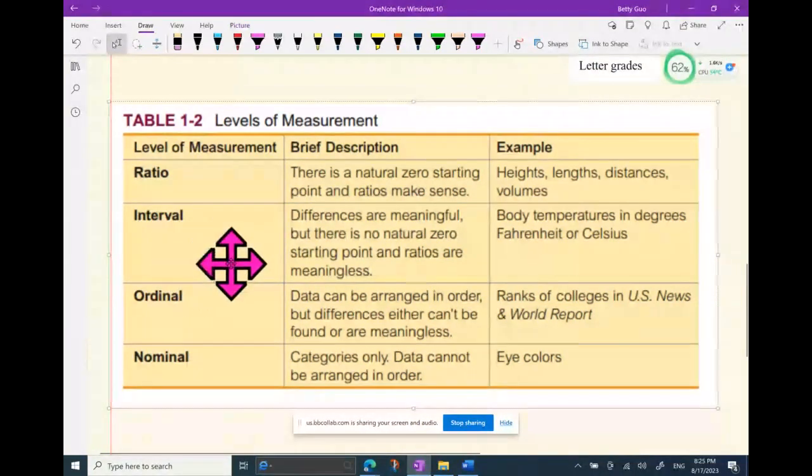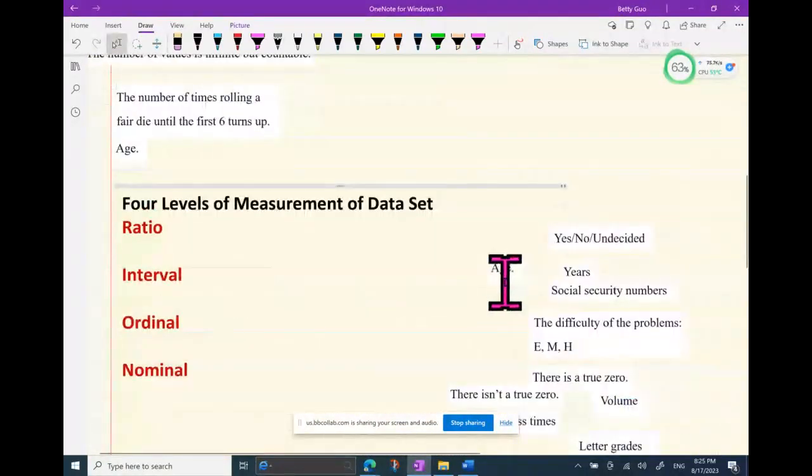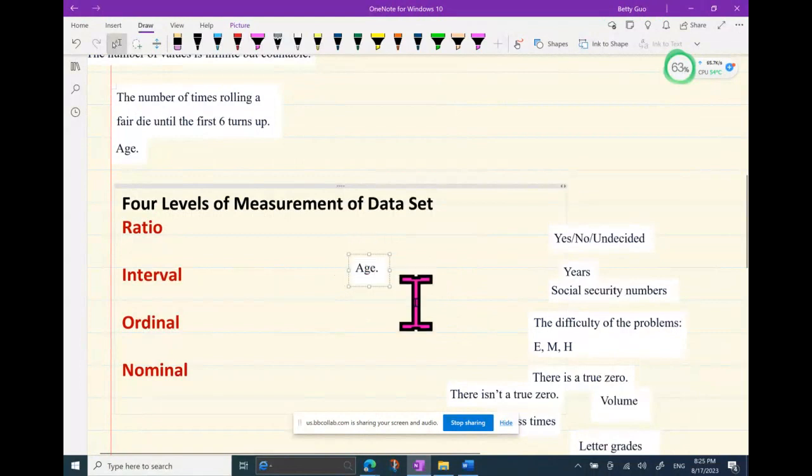Am I clear about the ratio and the interval? Maybe we can practice now to see if you remember. The first one, age. Is age ratio, interval, ordinal, or nominal? Do we have a true zero for age?